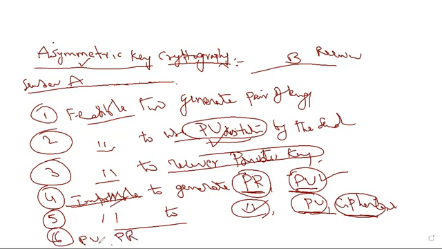Suppose the receiver is B, the sender is A. We can use the receiver's public key first for encrypting, followed by his own private key, or he can use his own private key first, followed by the public key of the receiver. You can use any sequence.